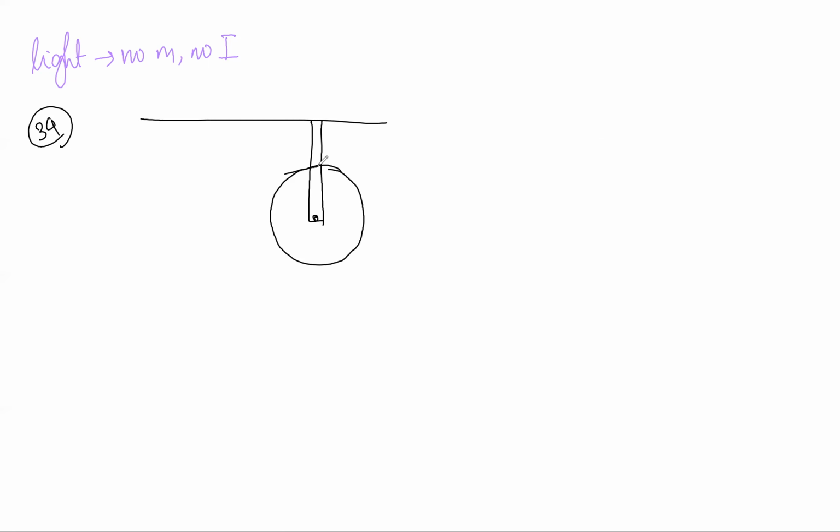Then this string passes over a very small pulley, which is not useful to us in this problem, and it goes down to a mass of m. So let us say the mass of this thing is m, which is given as 2 kgs. The moment of inertia is I, and the radius is r. This is the problem that we have. This small pulley over here is basically massless. So the rotation of this pulley does not matter.